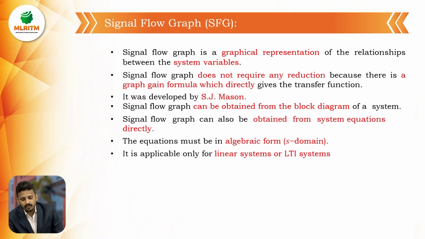The signal flow graph can be obtained from the block diagram of the system. It can also be obtained from the system equations directly. The equation must be in algebraic form, that is in the S domain, and it is applicable only for a linear system or LTI system.